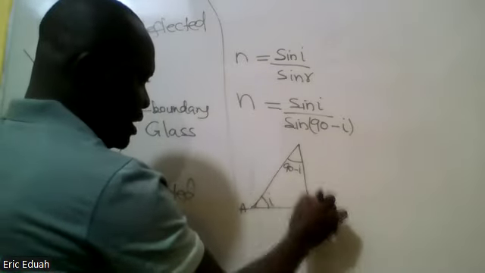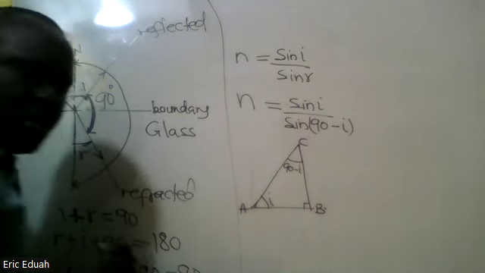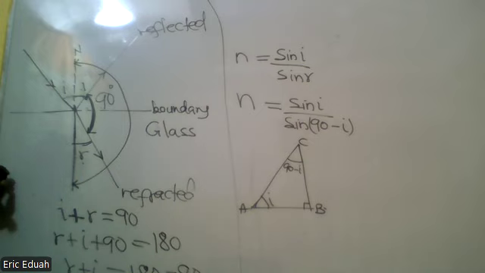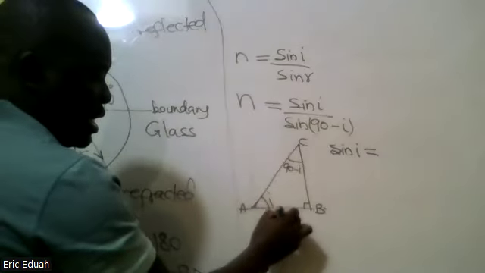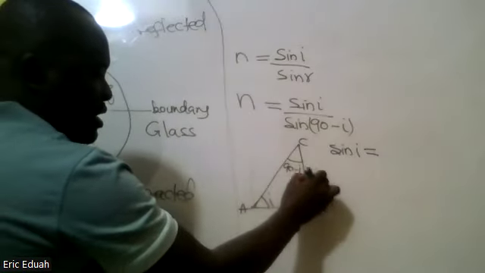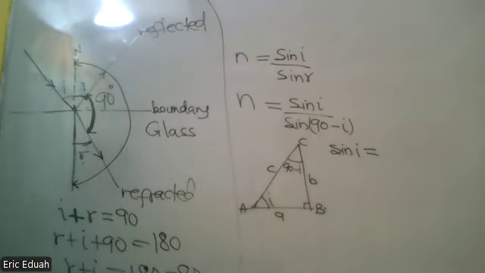A, B, C. Now let's take the sine of I, cosine of I. So sine of I is equal to... From our diagram, what will be sine I? Give me a response. From the diagram on the board, what will be sine I?